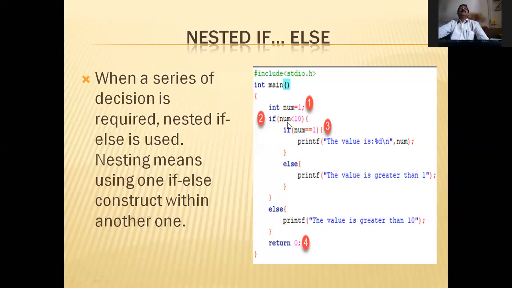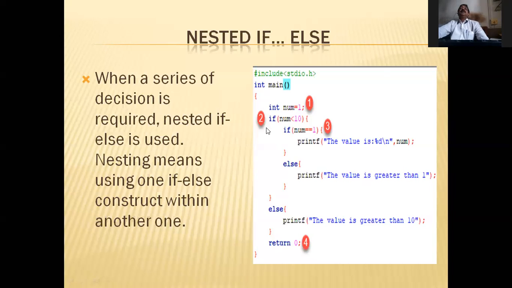If that number is less than 10, yes, it is less than 10, then it will go inside this part of the decision-making statement, that is the other if. Whether num is equal to 1, yes, num is equal to 1, then this value is displayed here.